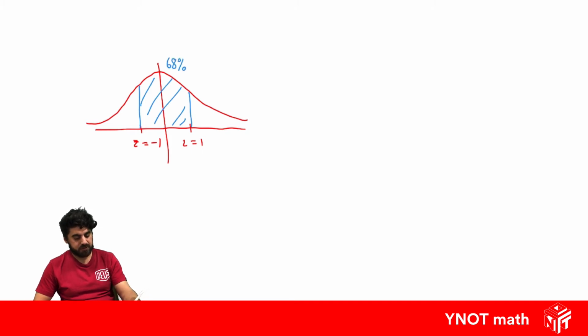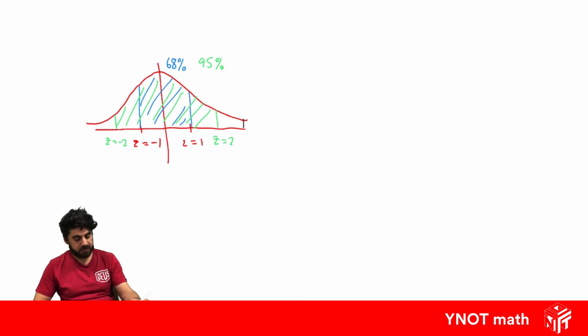For Z scores in between 2 and minus 2, this encloses 95% of all scores.